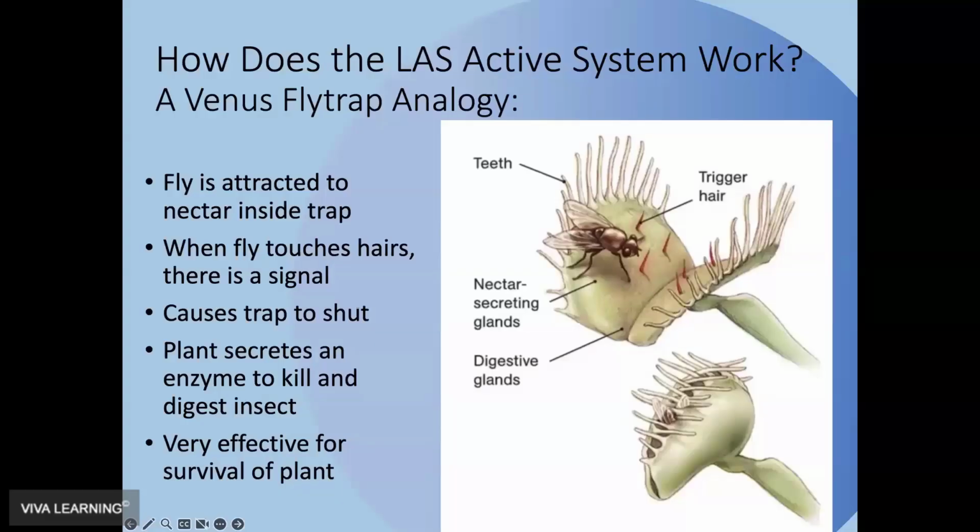When the fly touches the hair, there's a signal that causes the trap to shut. Then the plant secretes an enzyme to kill and digest the insect, which is very effective and provides food, nutrients, and survival for the plant. So I thought, boy, this is a lot like that LAS system. Keep this image in your mind while we advance to the next slide.